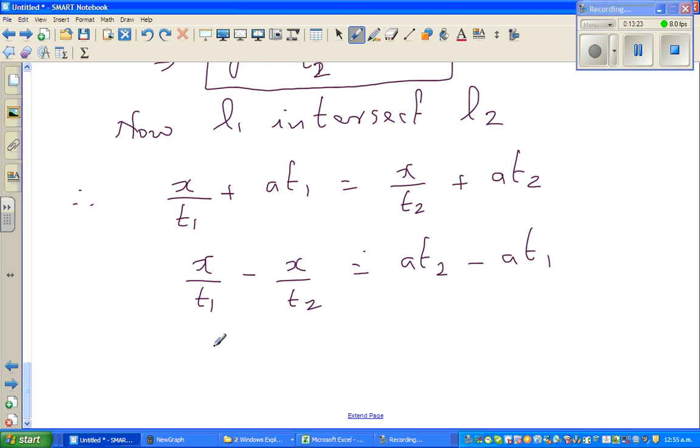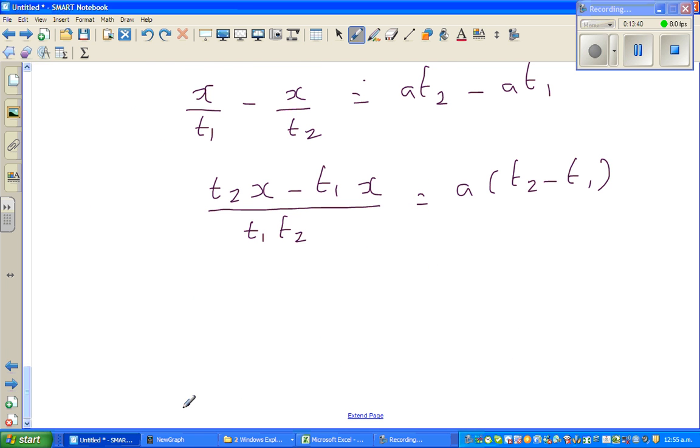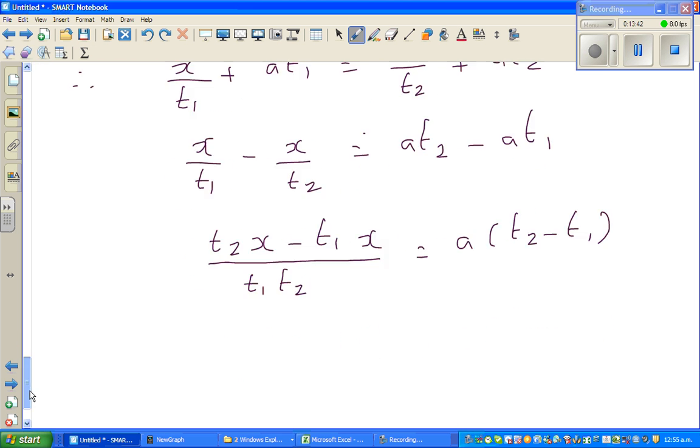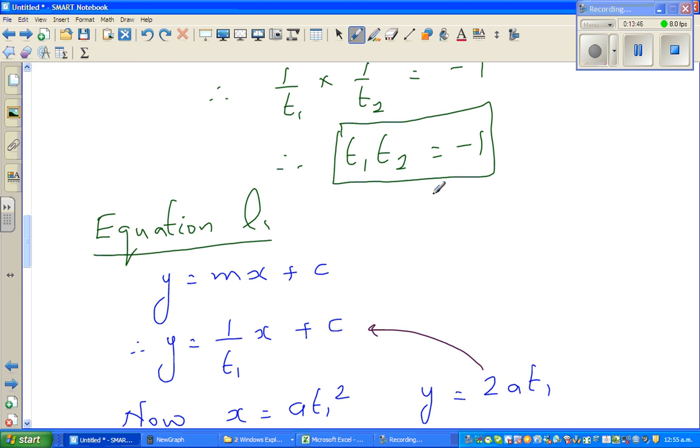Okay, so you can cross multiply. So this is t2x minus t1x over t1 times t2 is equal to a times t2 minus t1. Now t1 times t2 is -1.